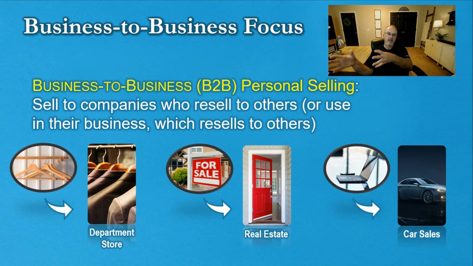That is what a professional personal salesperson does in the business to business world. They meet with customers, they identify their needs, they present product solutions, and they negotiate orders. That is the role, the function of a personal sales professional.